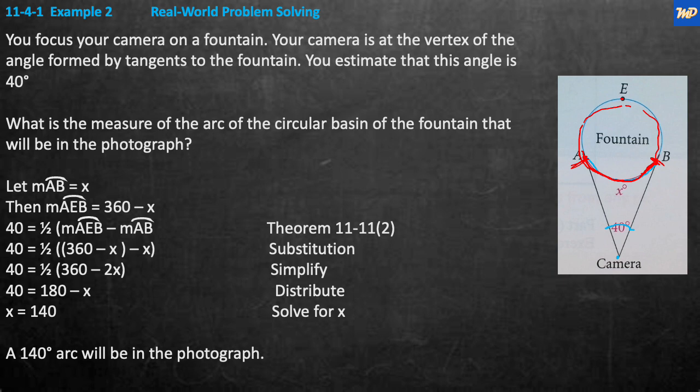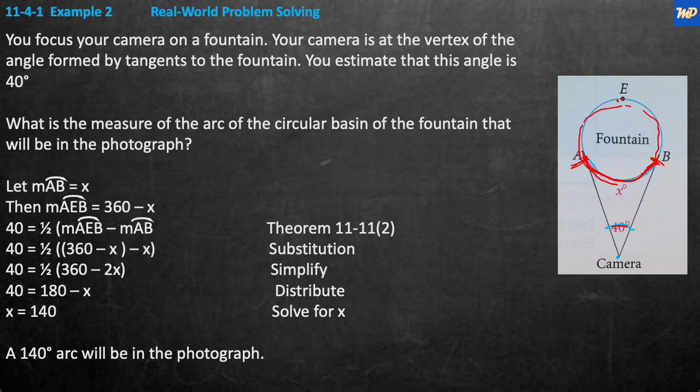Okay? So now we're going to look at the numbers. 40 is the angle here. We know that this angle right here that we're looking for, we're going to be able to determine it from this fountain. What this 40 is equal to is not E, but AEB minus X, or just the AB. That's what this is, and it's half of that.